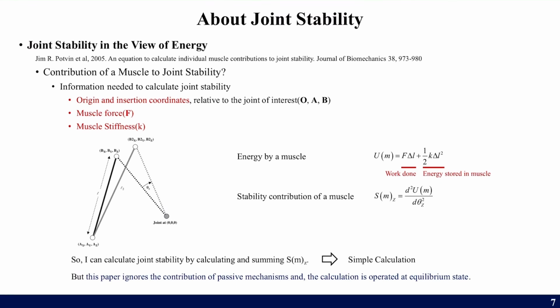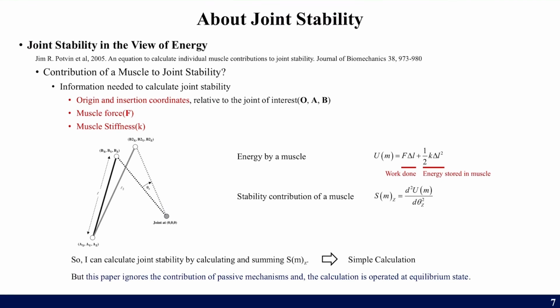So I calculate the energy of one muscle, and then I can calculate the contribution to the joint stability by operating the second derivative by the theta z. So this is the definition of the joint stability contribution of one muscle.